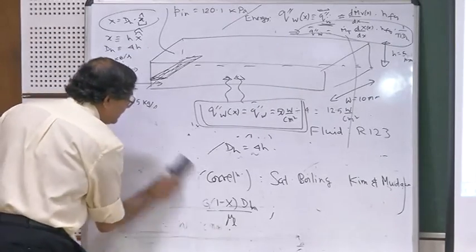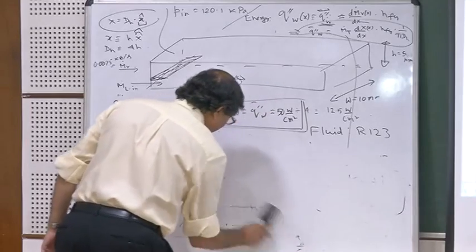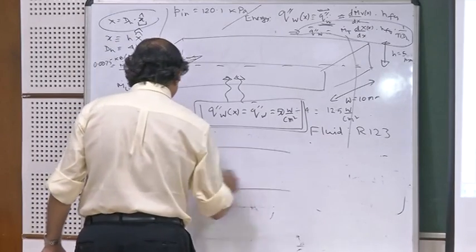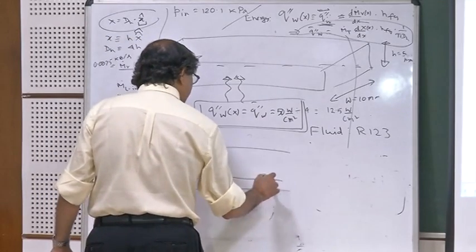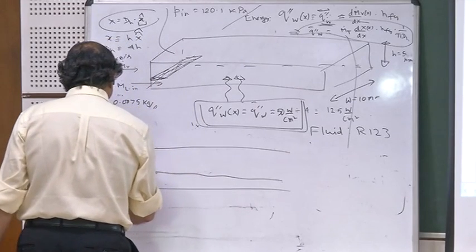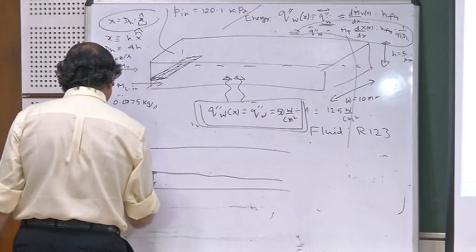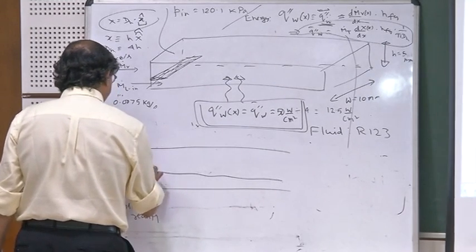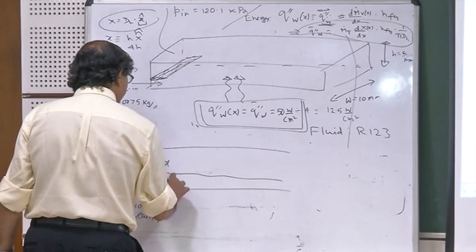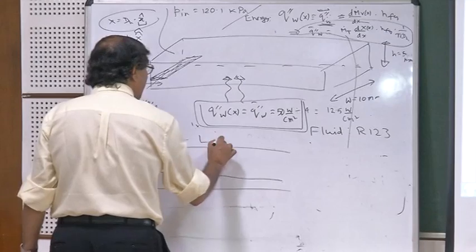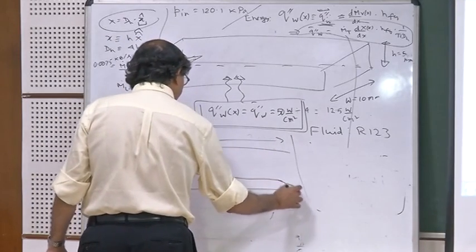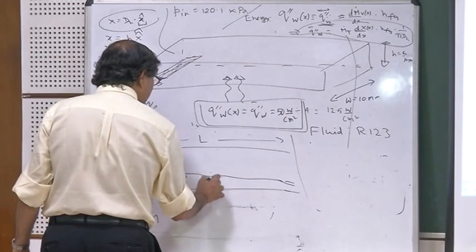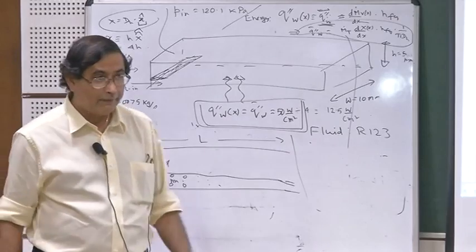So suppose it was all annular and your X in is greater than X critical from plug slug to annular, and I have two situations. Suppose this is my delta X that actually happens, physical reality. Physical reality is an annular flow over 0 to L, and part of it, a lot of nucleate boiling is going on, and then slowly my nucleate boiling might get suppressed if it is too thin a film, okay?